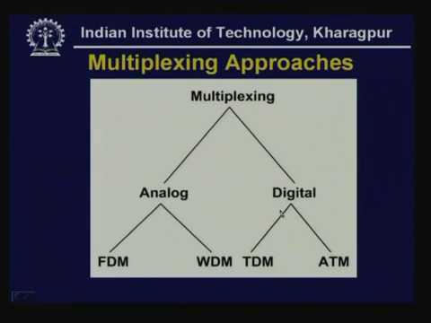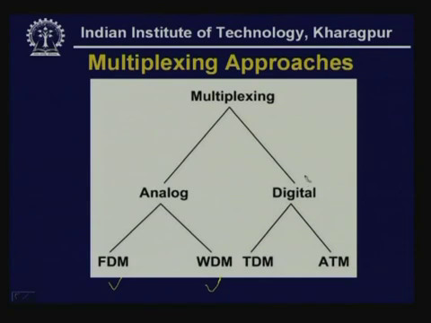Now, as we shall see, multiplexing will require two different kinds of signaling. As I have mentioned, analog signals are used for frequency division multiplexing and also for wavelength division multiplexing, although basically they are the same thing, but the latter is used in the context of transmitting through optical fiber.